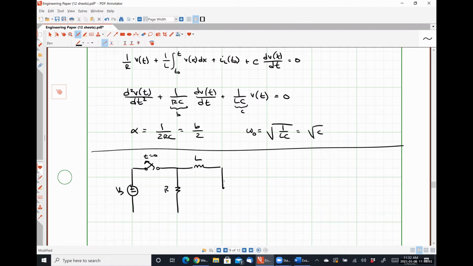L and C, where here's our common current I, here's our voltage drop VC, our voltage drop VR, and our voltage drop VL.